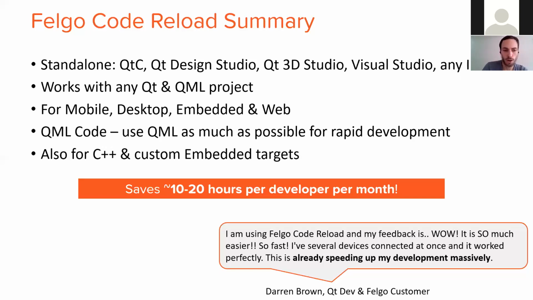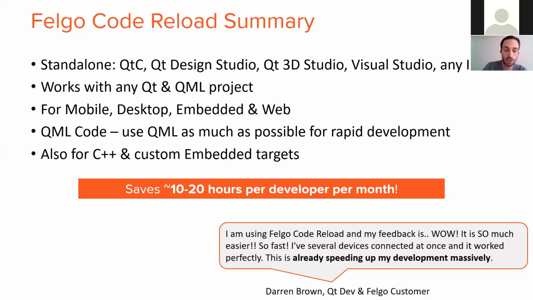All right, so overall, we have seen this internally. All of the team members in Felgo are using this, and also a lot of the client projects and customers use this. And what we've heard from customers is that this feature alone really saves 10 to 20 hours per developer per month, given how dramatically it changes the development process, reduces the waiting time and reduces any temptation to lose focus.